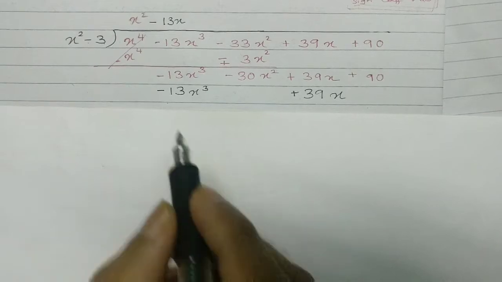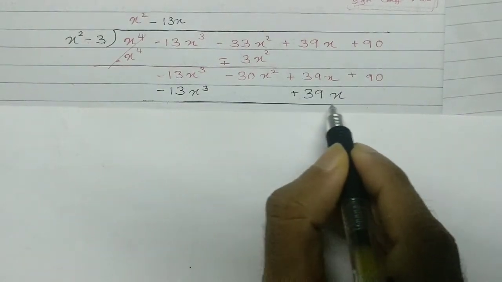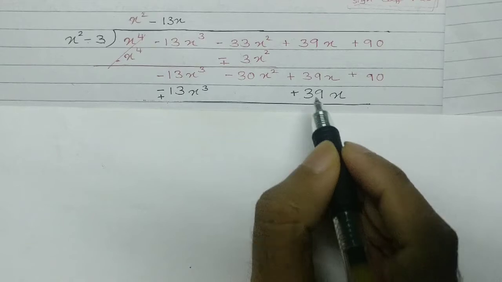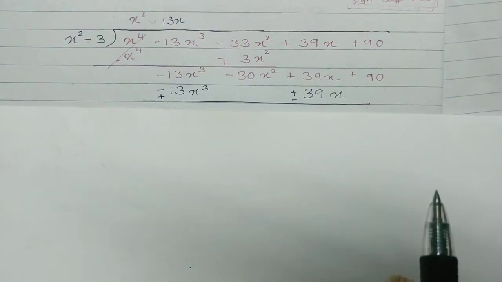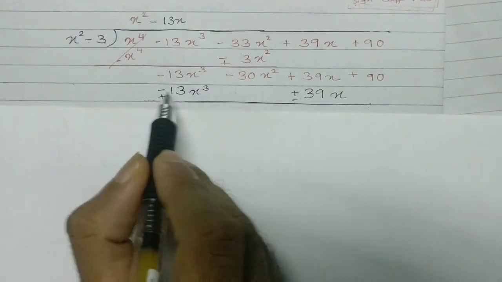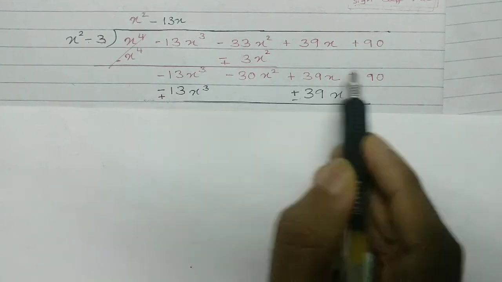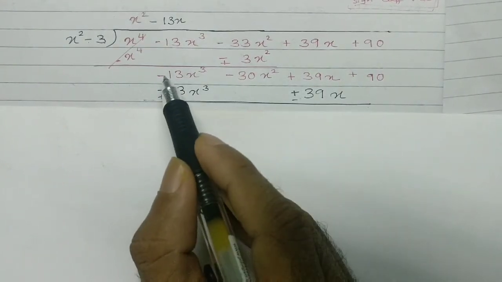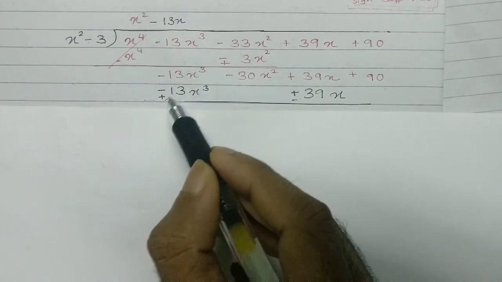Okay, so once I've done that, I will draw a line over here to divide this. Change the sign. Negative becomes positive, positive becomes negative. I'm changing the signs only for those terms which I have written, not the ones over here, these ones. So this would become minus 13x cube plus 13x cube.